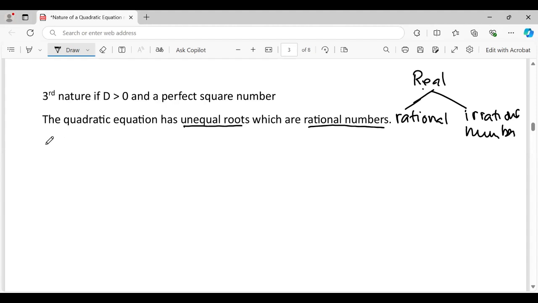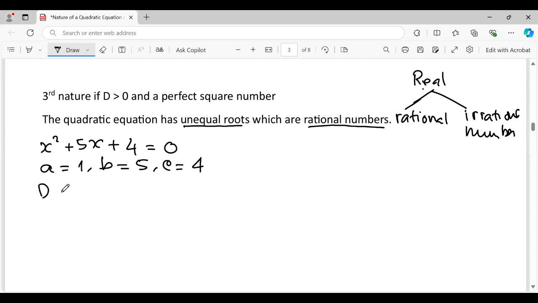For example, a quadratic equation x squared plus 5x plus 4 equals 0, it means a equals 1, b equals 5, and c equals 4.